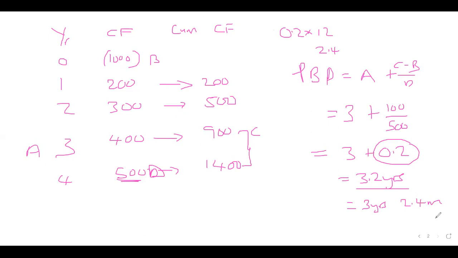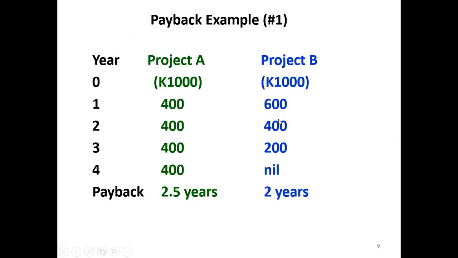So the other example that we had, we are told in this project, we have 600, 400, 200. So already, if we have a cash flow, the 600 comes here, the 400 comes there. 600 plus 400 is 1000. So exactly in 2 years, our payback period is done.